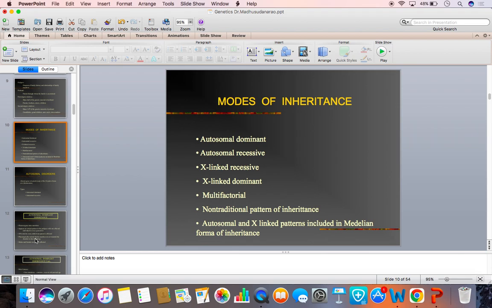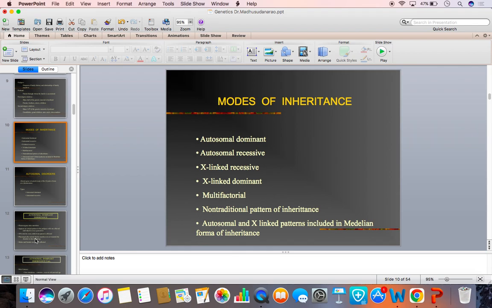Okay, coming to the autosomal and X-linked pattern of inheritance, they include Mendelian form of inheritance. Autosomal and sex-linked patterns of inheritance are described by the Mendelian patterns of inheritance. Gregor Mendel was a 19th century monk.